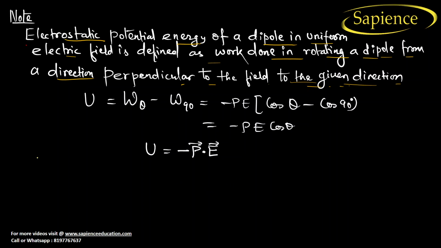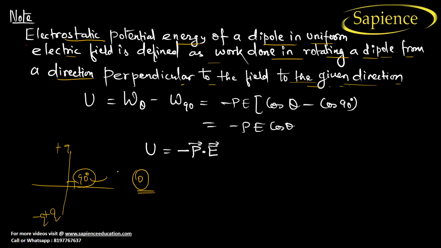See, when there is an electric field like this and there is a dipole like this, positive or negative, anything, the angle formed is 90 degrees. When the angle formed is 90 degrees, the work done at 90 degrees is zero.